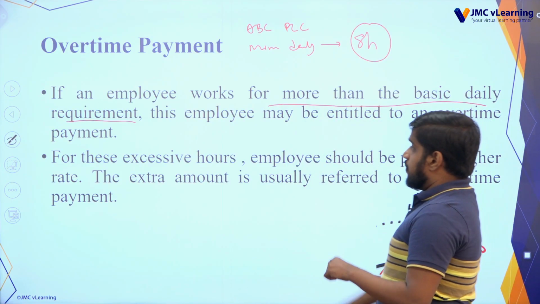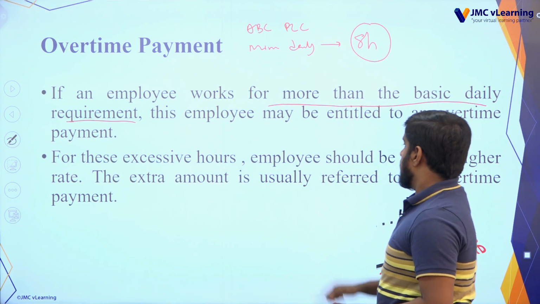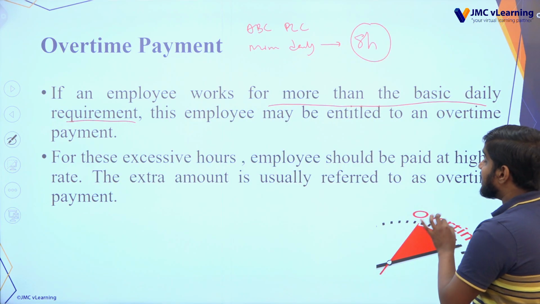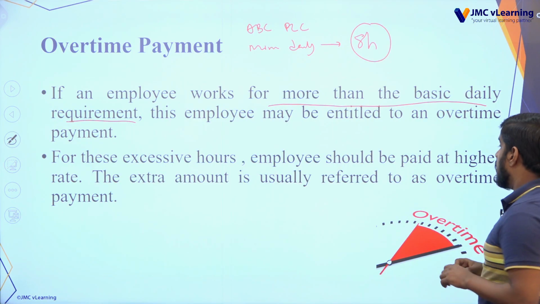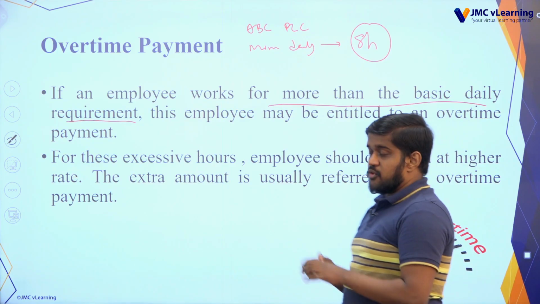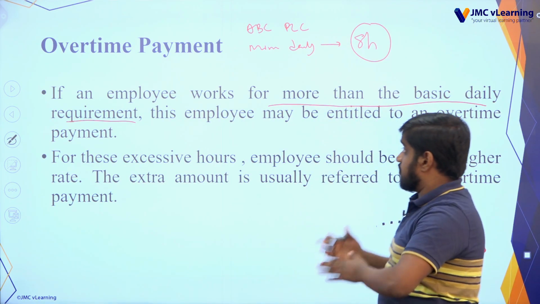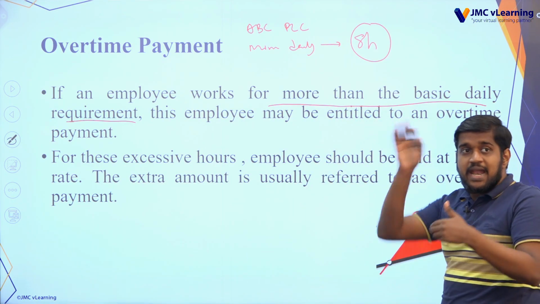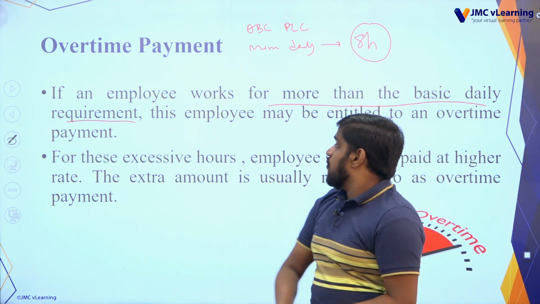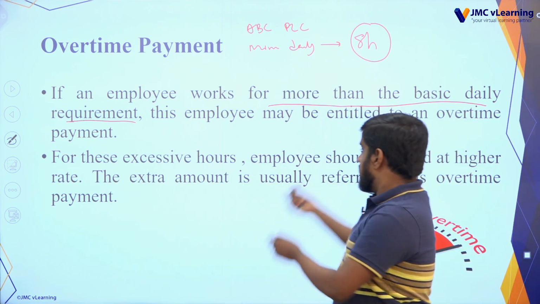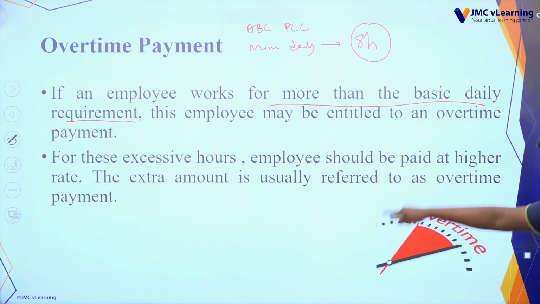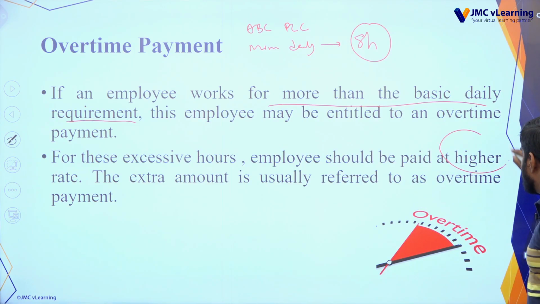Then second point says, for these excessive hours, the employee should be paid at a higher rate. That means if the employee works more than the daily requirement, for these excessive hours, definitely this employee should be paid at a higher rate.